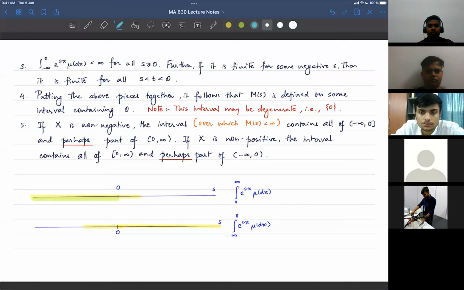And the third possibility, of course, is that it is finite everywhere. Right? Are you guys with me? Is this making sense? In this case, you could have a situation where basically these are the possibilities.